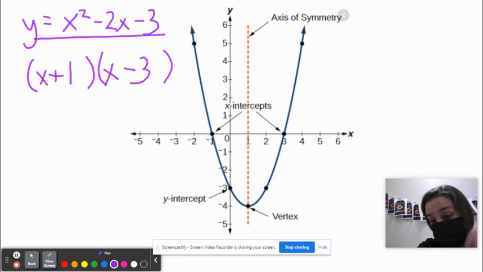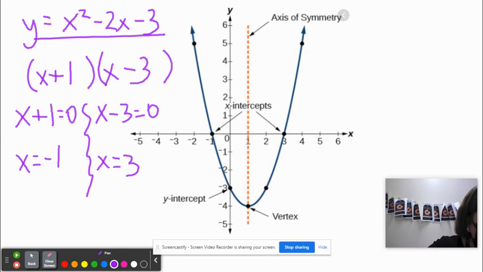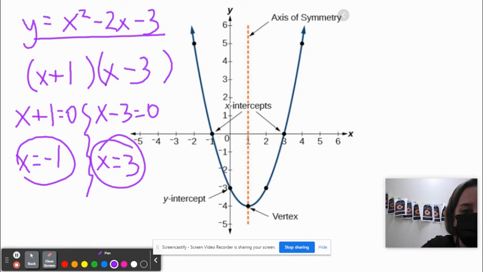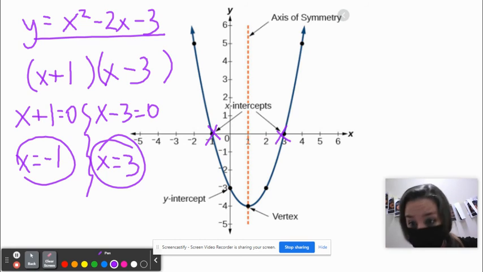And then, if I set them equal to 0, I would get this and this, which are my solutions or zeros or roots, if you want to call them.